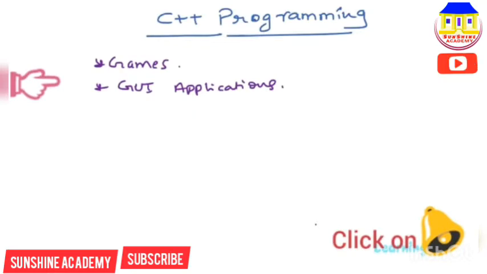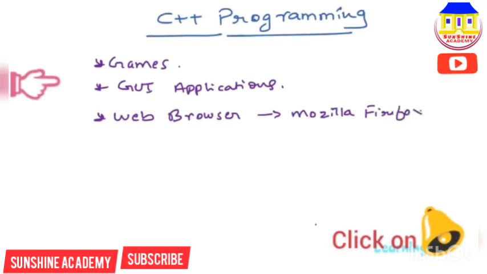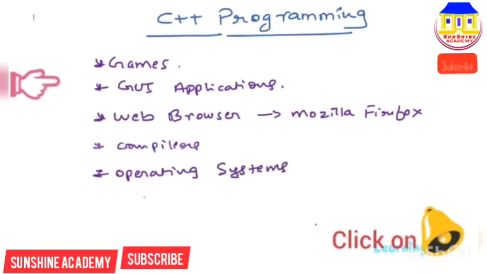And then C++ is also used in image editing software like Adobe Photoshop, Adobe Illustrator, ImageReady, and C++ is also used for creating web browsers. For example, Mozilla Firefox has most of the code written using C++, and then C++ is also used for creating compilers, and then C++ is also used for writing major parts of operating systems like OS X or Windows.